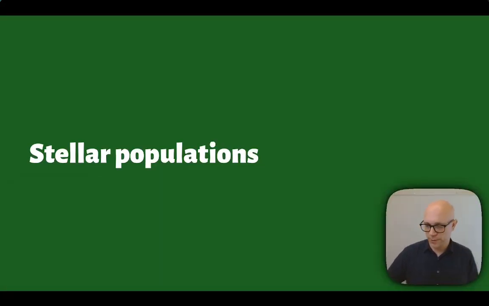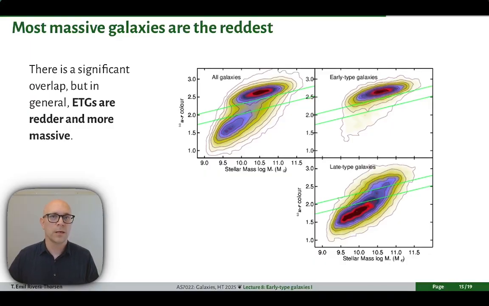And finally, if we look into stellar populations of early type galaxies, we know from our previous look at the mass and color diagram that we looked at before, that there is what we call the red sequence and the blue cloud and the green valley. So what we know is that early type galaxies are, well, there's a big overlap, right?